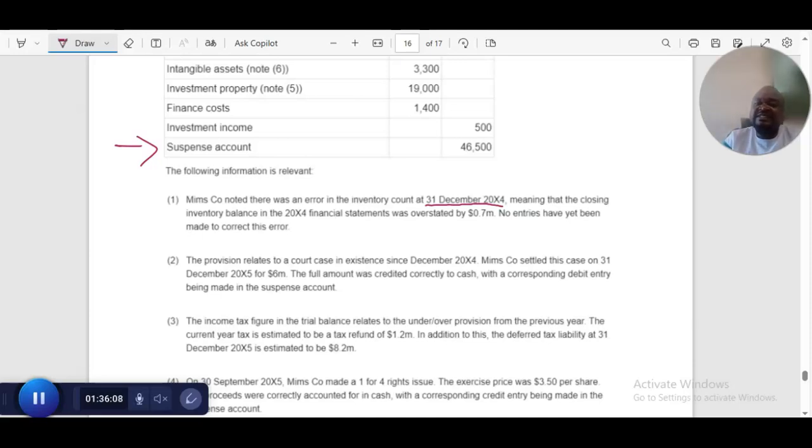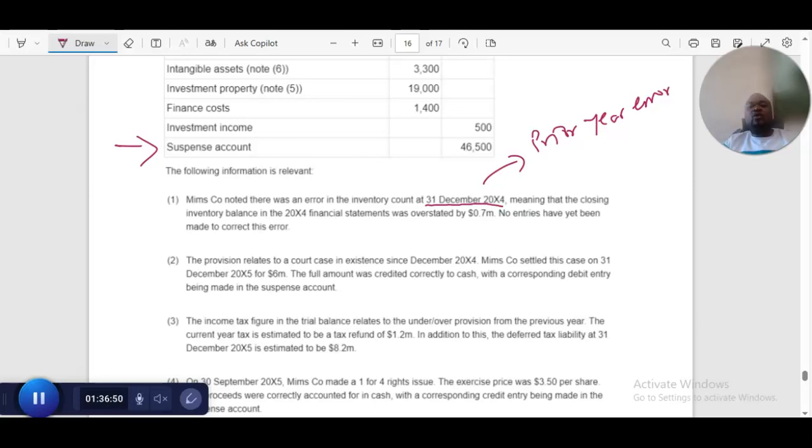You can see that it is referring to 31st December 2024. So this one is a prior year error. And prior year errors are treated prospectively. We just make an adjustment for that error and move on. We're not going to correct everything that was done before that error. No. We just start from the error and go forward.